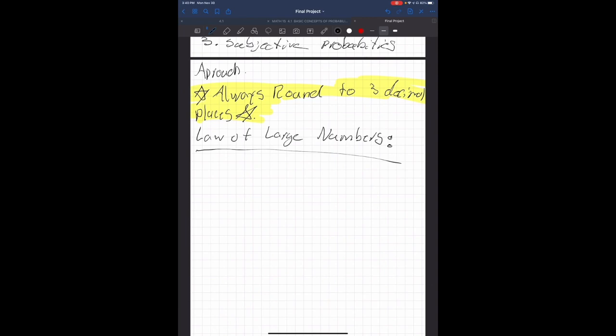Meaning, the more times you repeat an event, i.e., the more times you flip a coin, the closer you are to getting the actual probability. If you flip a coin 5 times, there is a chance, although low, you'll get 5 tails or 5 heads, meaning the probability is skewed. However, if you do the test 100 times, the chances of getting the proper probability are much more accurate. So that's the law of large numbers.